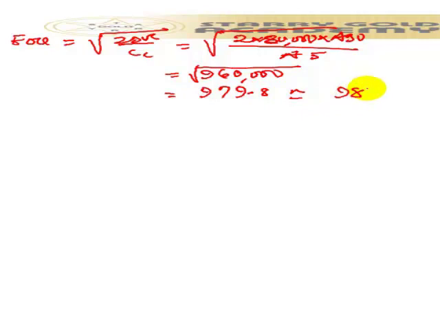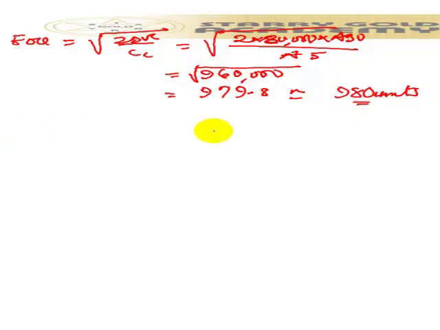That gives us 960,000. The square root of 960,000 is 979.8, so let's say approximately 980 units.